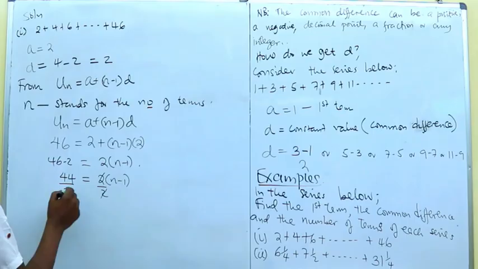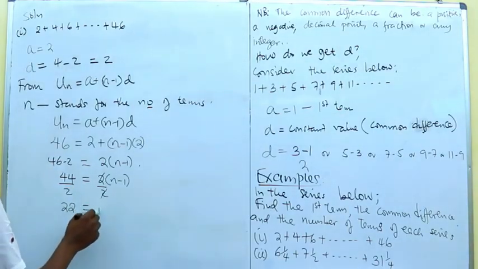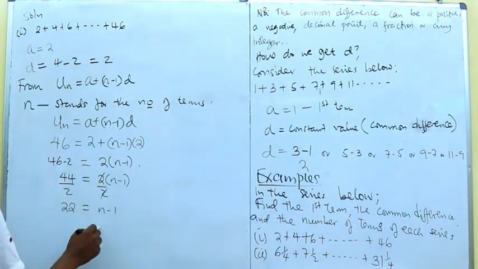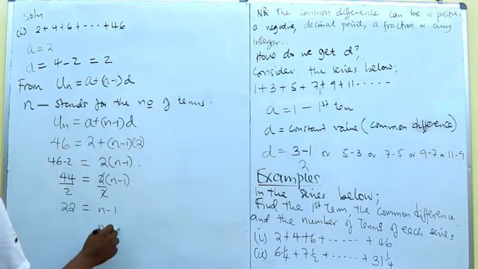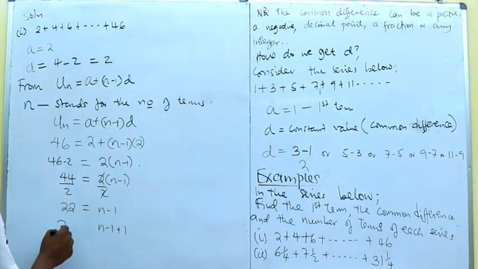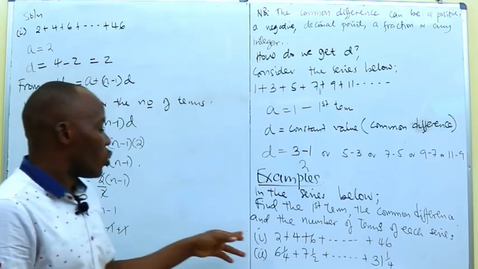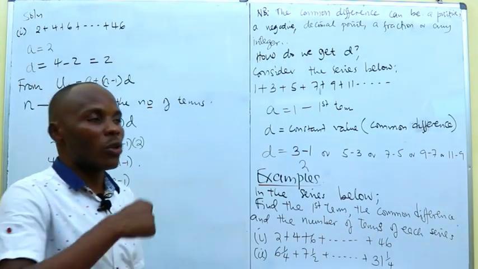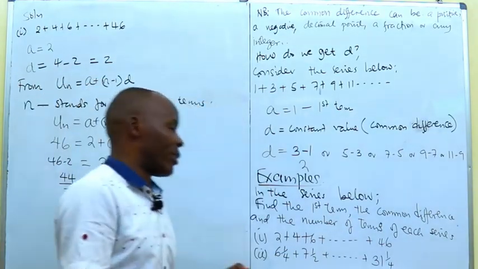This one will give you 22 is equal to n minus 1. You're interested in n, so it will be n minus 1 plus 1 is equal to 22 plus 1. So that one cancels with that. You have your n as 23. Meaning from 2 to 46, you'll have 23 terms.